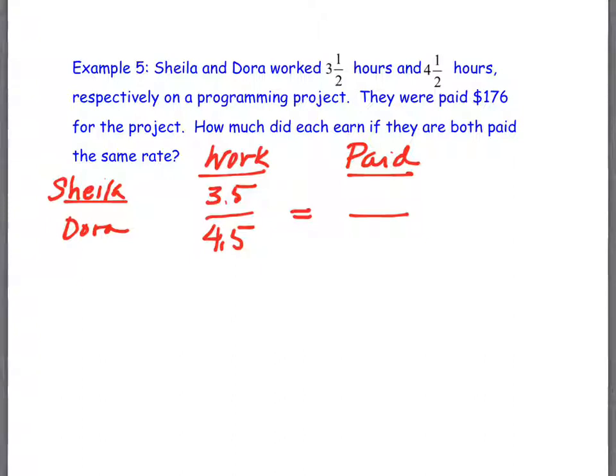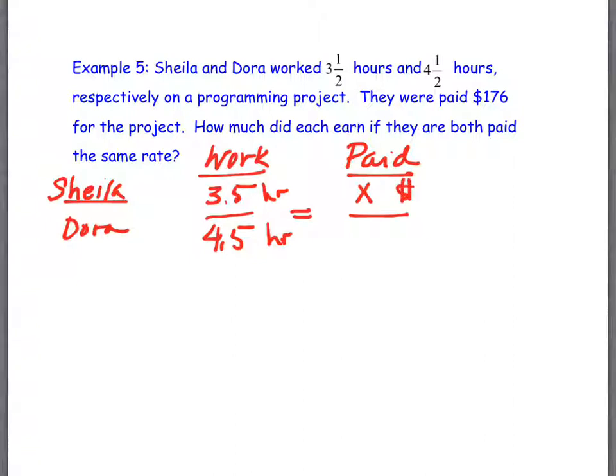Now, here's the problem with the way it's set up, and it's not really a problem. It just ends up feeling a little bit awkward. I don't know how much either one of them should get paid, right? So it's not like I can just put in a number in one place and let the other one be X. Agreed? But what I can do is this. I can say that Sheila, I'm just choosing her arbitrarily, gets paid, so these are in hours, like we said, X dollars.